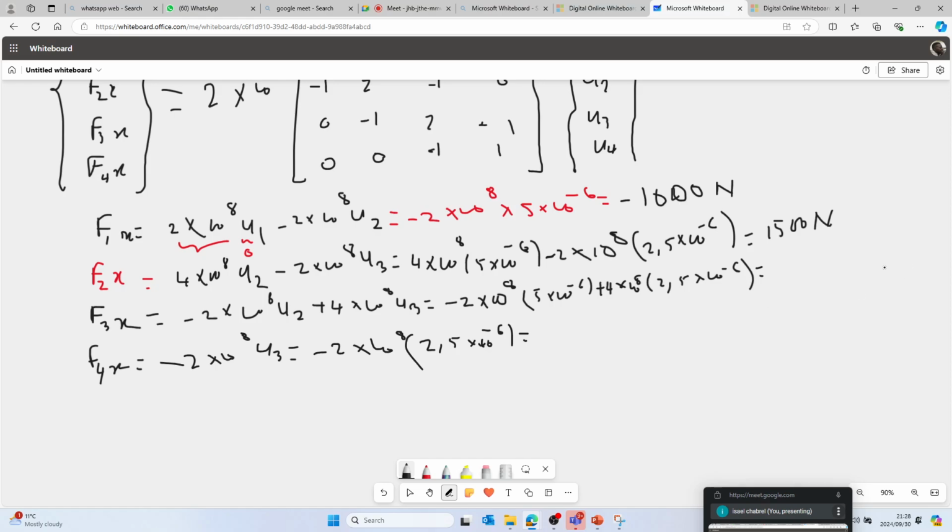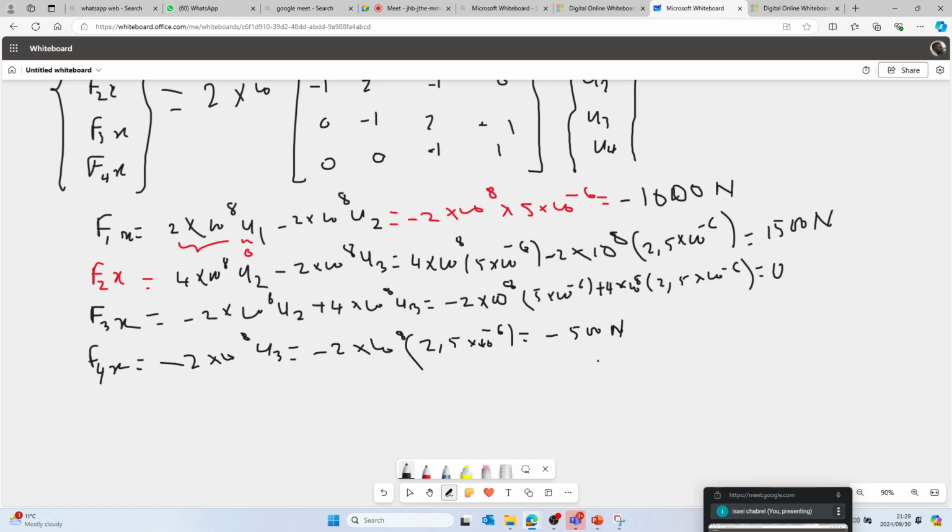You get 0 here. Yeah, 0. Minus 2, 10, 8, 2.5, 10 minus 6. It is the reaction force, minus 500. Do you see what I was saying, that this force should be the same?